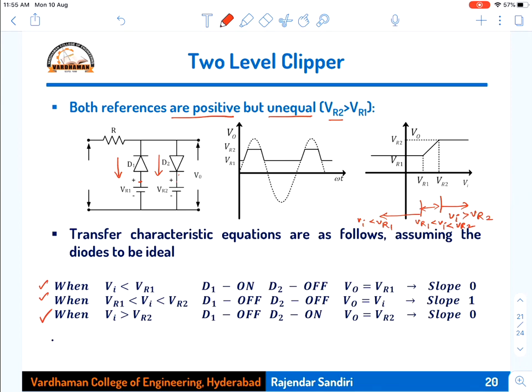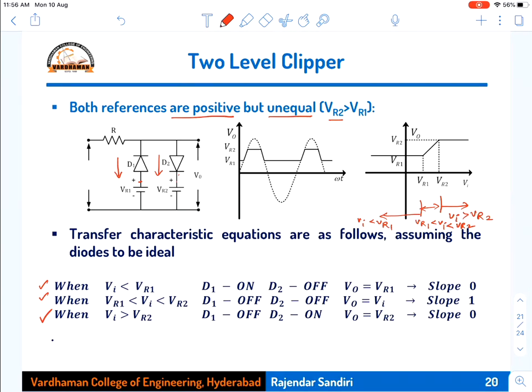Vi less than VR1. What happens? Vi is actually applied to both the diodes. One diode is at the cathode, the other diode is at the anode, and we have to compare that with the reference potentials, VR1 and VR2.